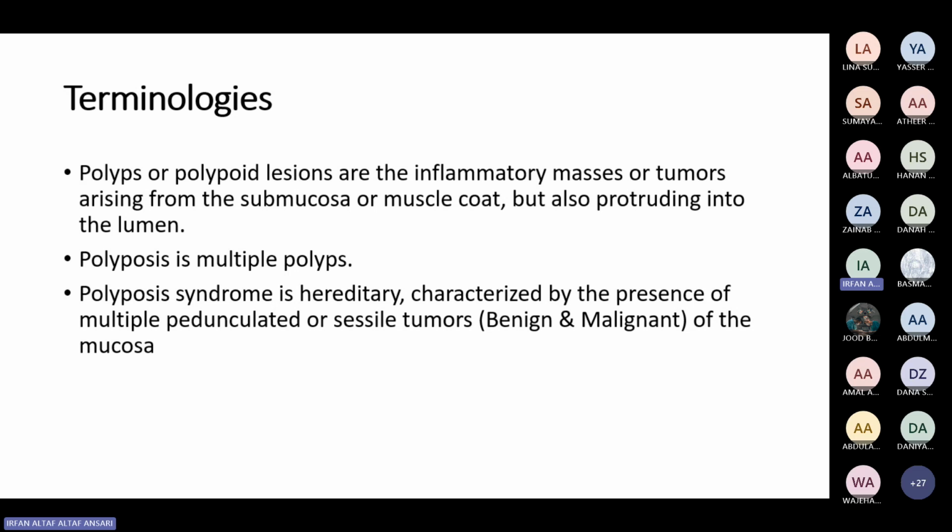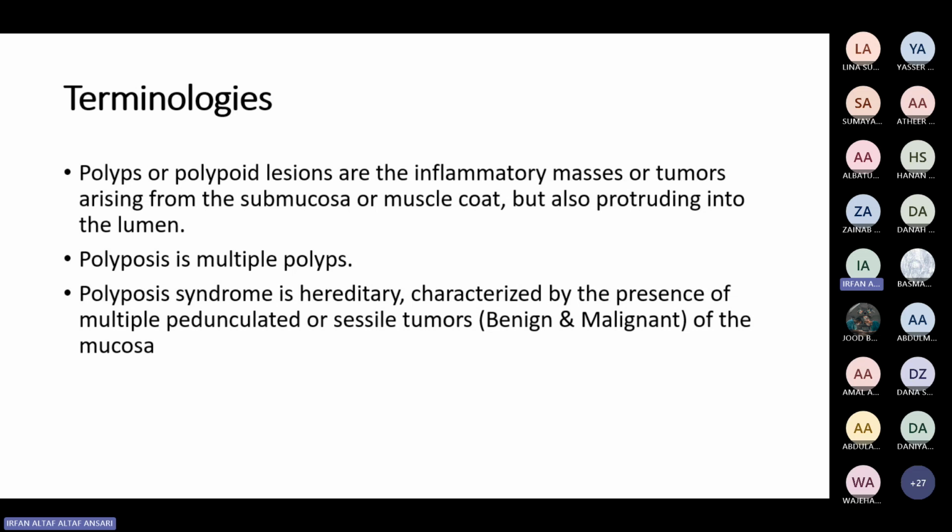And polyposis syndrome is when it is hereditary and characterized by the presence of multiple pedunculated polyps. What do you mean by pedunculated and sessile? Pedunculated means the polyp which has a stalk, like a good supporting structure, like a tree which has a bark and the leaves.